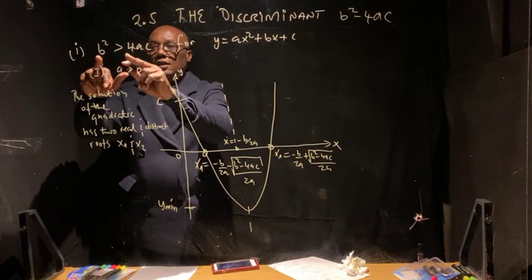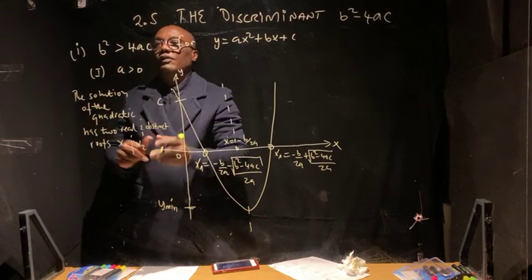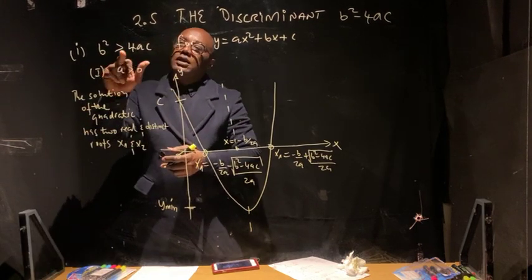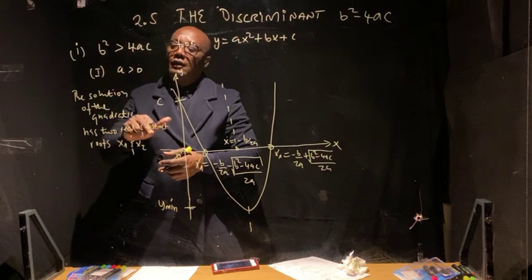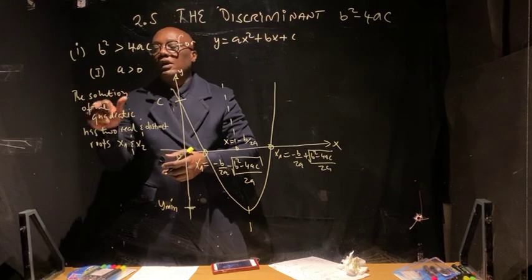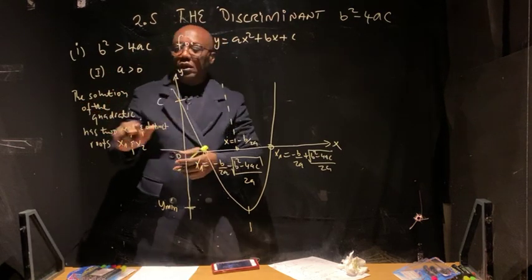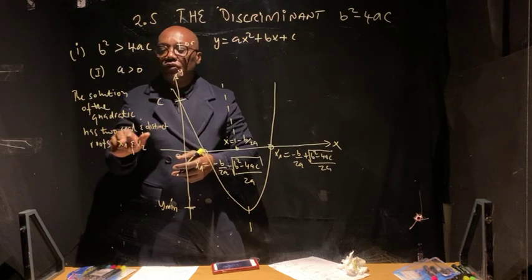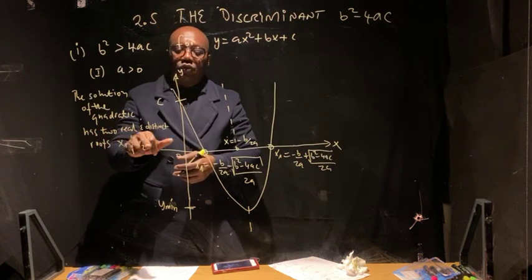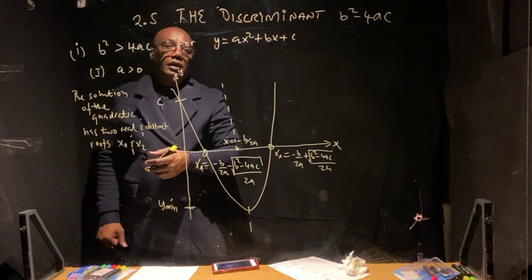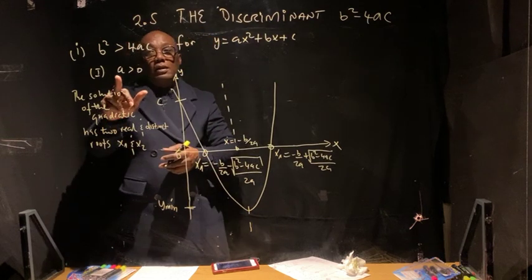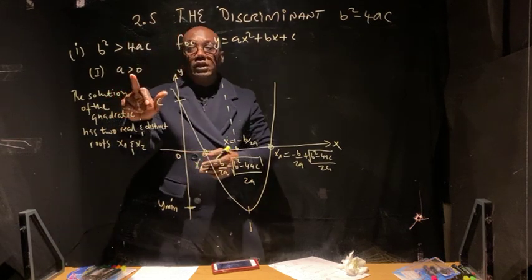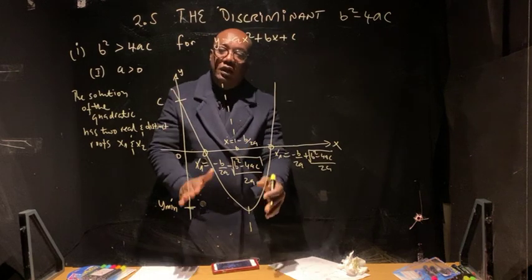So this is the definition. When b squared is greater than 4ac, then the solution of the quadratic equation has two real and distinct roots that are x1 and x2. That is, when a is greater than 0, then you have this curve.